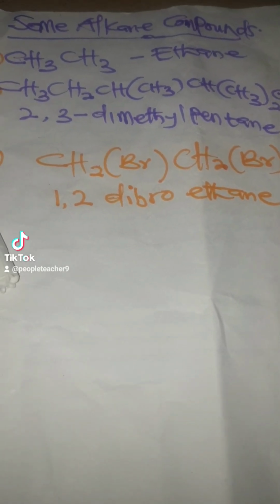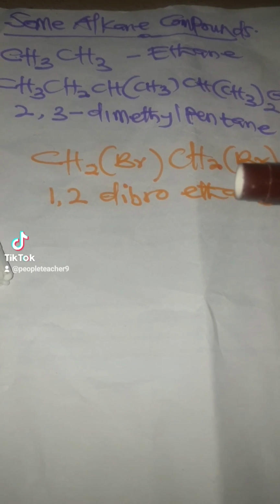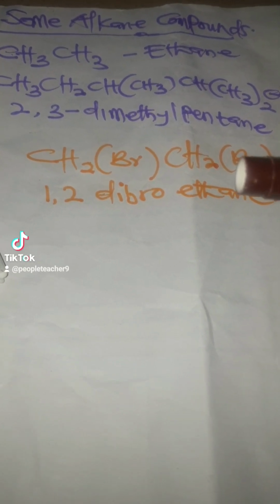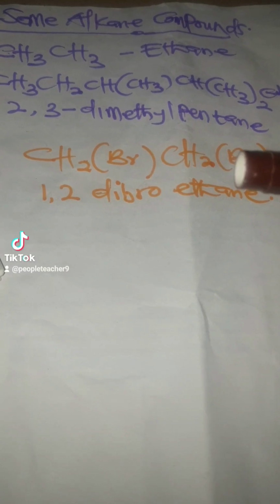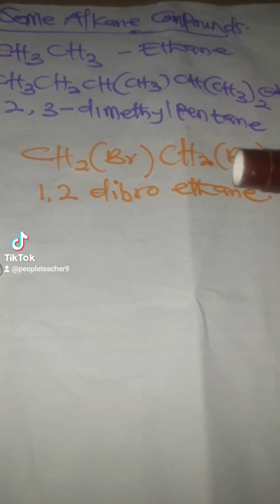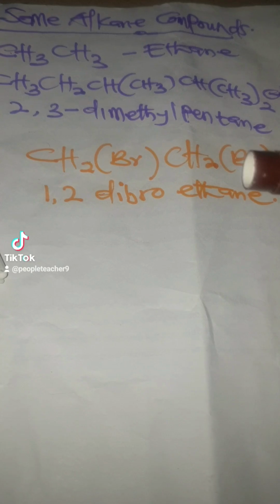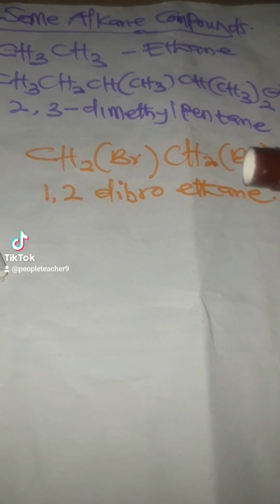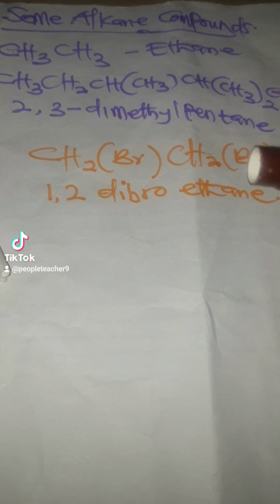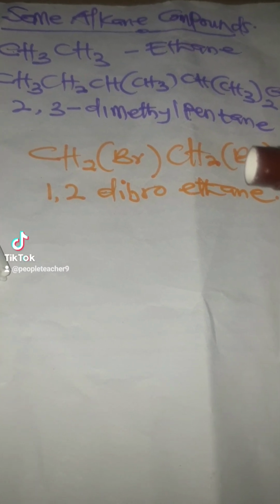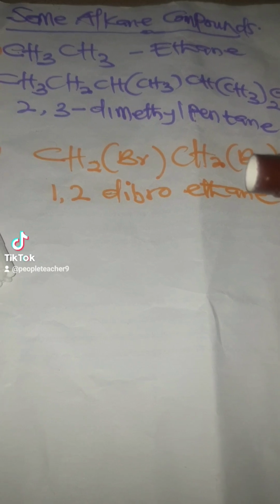Let's look at the next. The next one is 2,3-dimethyl pentane. We know that naming this kind of compound depends on the longest carbon chain in the compound. So let's take a look at it.